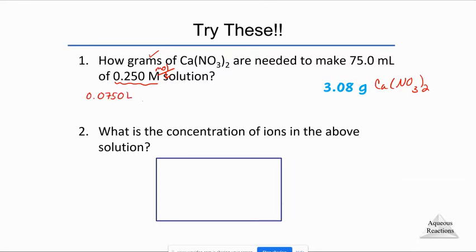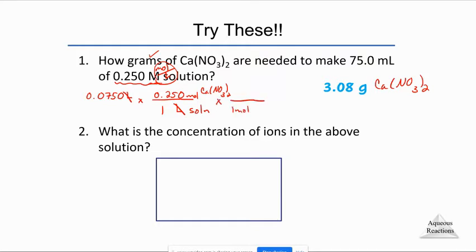I'm going to take my 0.0750 liters of solution that I have, and I'm actually going to use molarity. Instead of using the capital M, I'm going to substitute in moles per liter, so that way I can get the units for liters to cancel. So 0.250 moles, and that's calcium nitrate, for every 1 liter of solution. And so that was really my first step, to get rid of volume. Now I just have to use molar mass to get rid of moles.